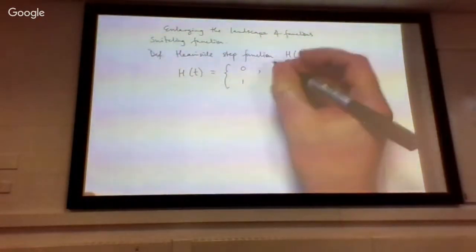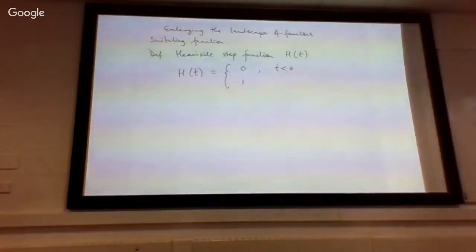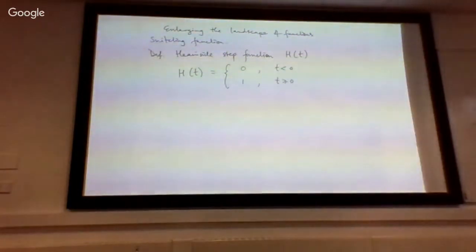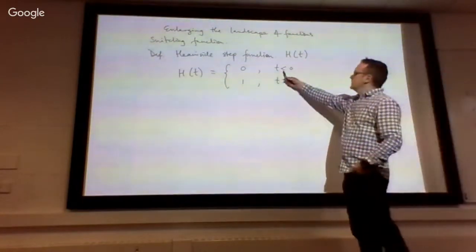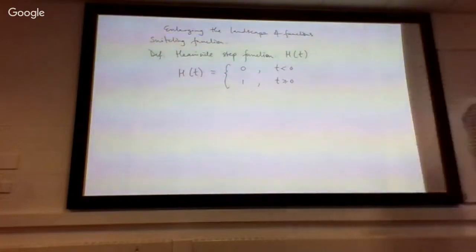We're going to say it takes the value 0 for every time input less than 0, and it's going to take the value 1 for every time 0 and beyond. Which one you make the less than or equal and which one you make the strictly greater than isn't really so important. But just the switch happens at t equals 0.